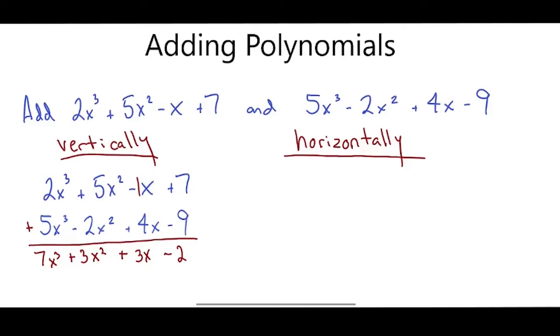So now we're going to add them horizontally. So when you add them horizontally, you can actually get rid of the parentheses here. And then all you do is you collect like terms. But we have to make sure that we get all the like terms. So I recommend putting these in order.